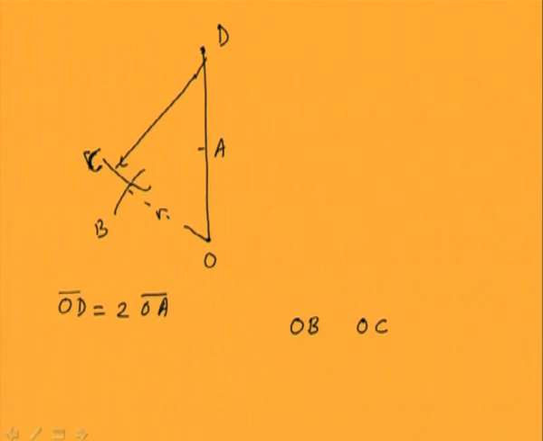So we'll get the intersection here. This can be joined with O and D on the same lines.